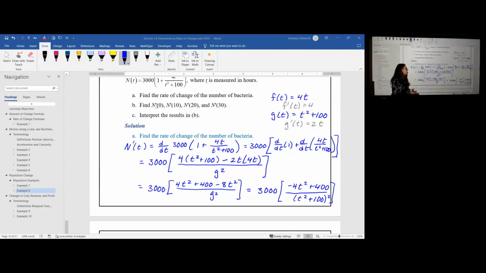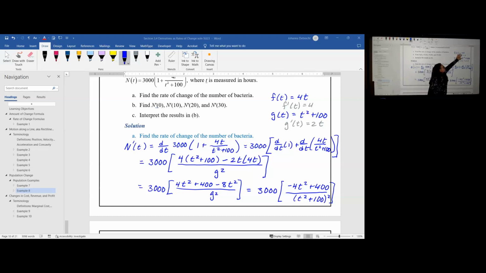So let's compare. In this particular problem, I chose to factor out the 3,000 as a common factor. Then I have a sum, and the derivative of a sum is the sum of the derivatives. The derivative of 1 is 0. And that left me with the derivative of the quotient part, which I did using the quotient rule.